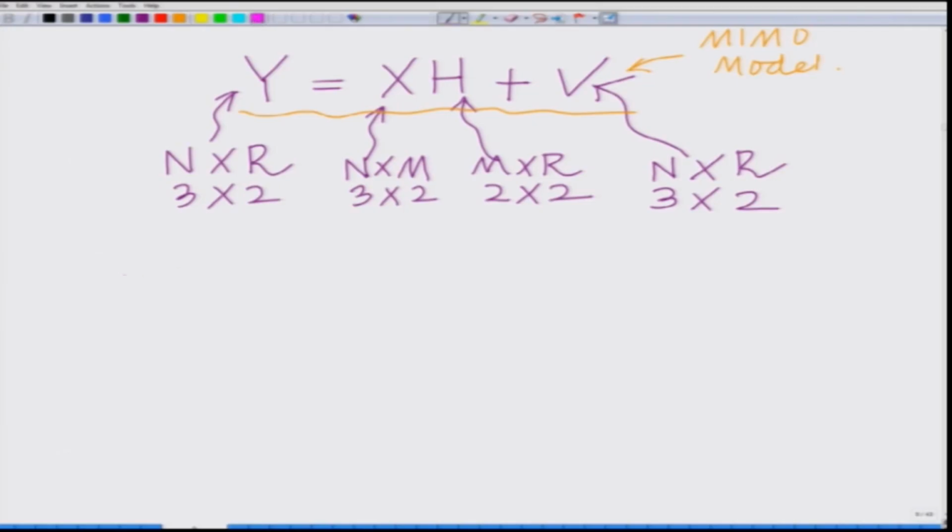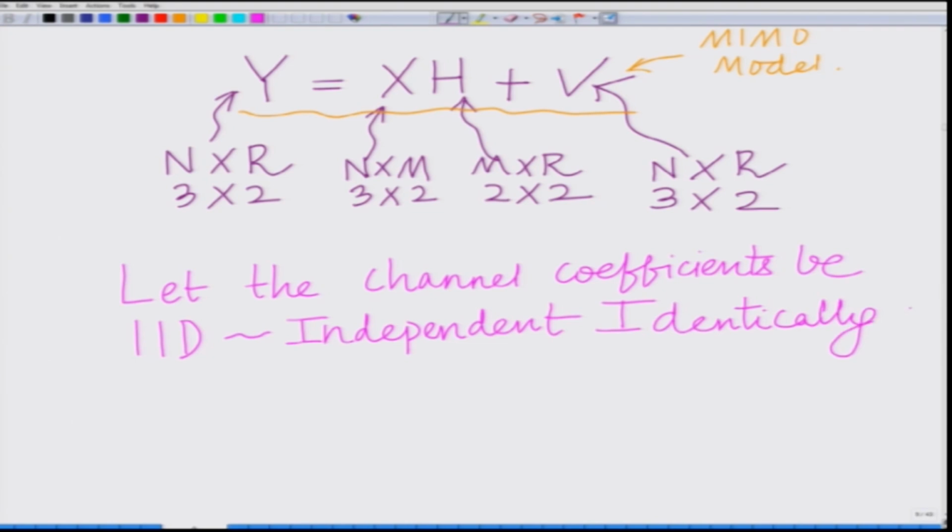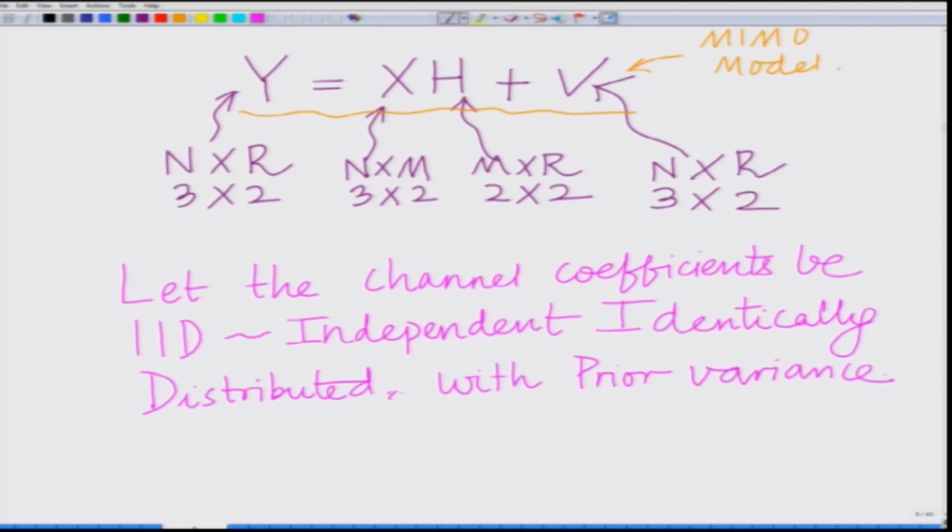sigma h square, with identical prior variance sigma h square. Let the channel coefficients be IID, that is independent, identically distributed, each having prior variance.